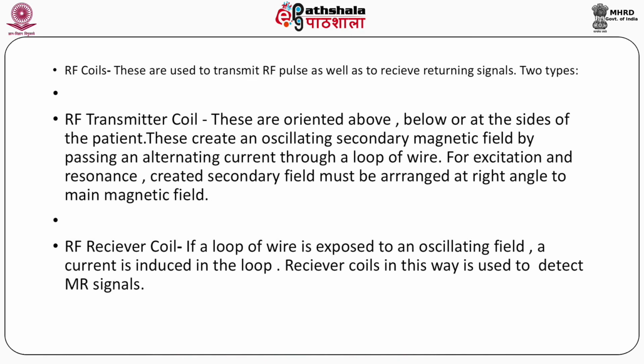For excitation and resonance, the created secondary magnetic field must be arranged in such a way that it is at right angle to the main magnetic field. Then the RF receiver coil. If a loop of wire is exposed to an oscillating magnetic field, a current is induced in the loop. This receiver coil in this way is used to detect the MR signal.